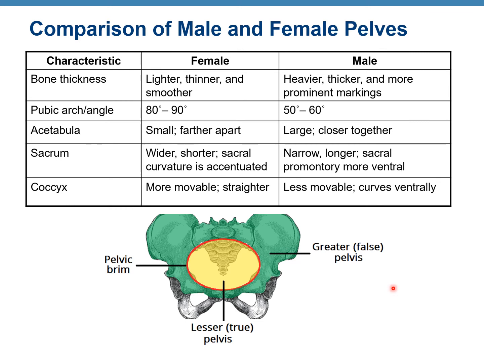On the next slide, we will actually see two pelvises. But before we do this, I want you to look at this picture and have this idea: what do we call false pelvis and true pelvis? This bony structure making an oval part over here is called the pelvic brim.